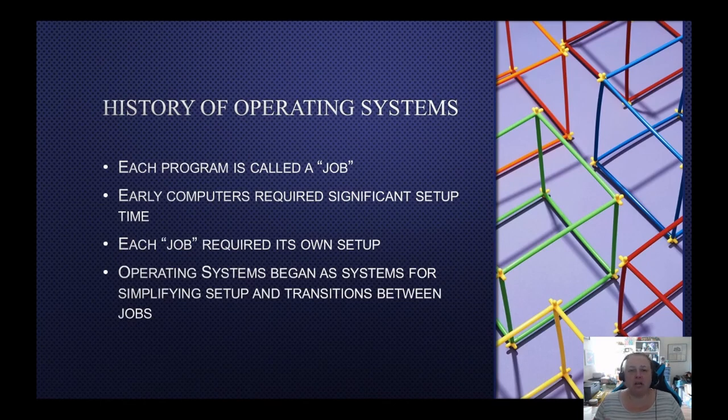Each one of these jobs had significant setup time, a great number of loading instructions, and each job may have had its own unique setup. So this is where the birth of the operating system really came about. It came into play in order to reduce the time and effort required for setting up and executing all of these different types of jobs.